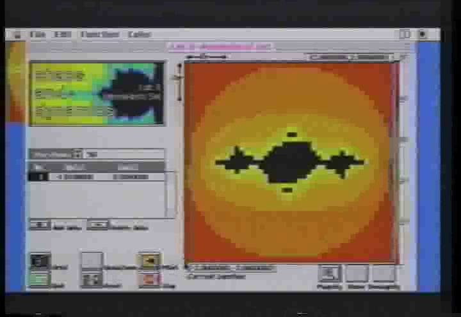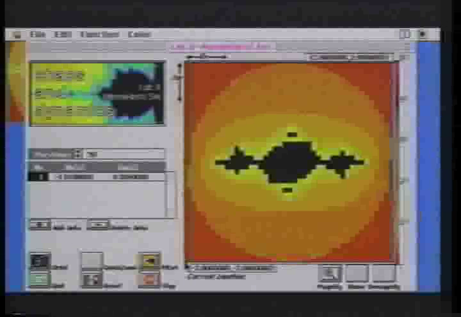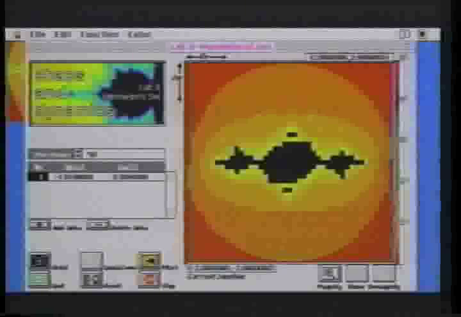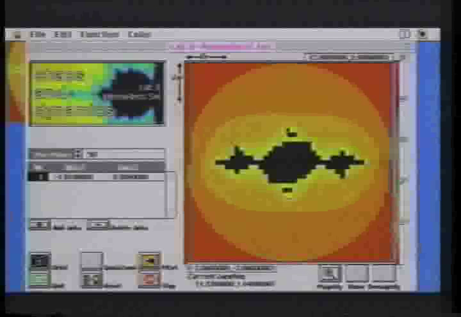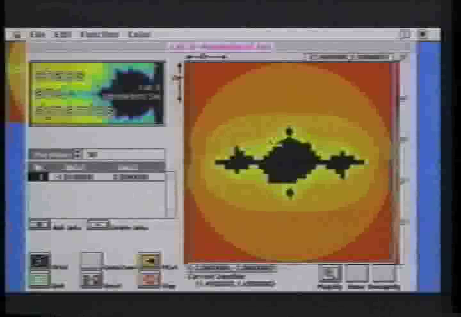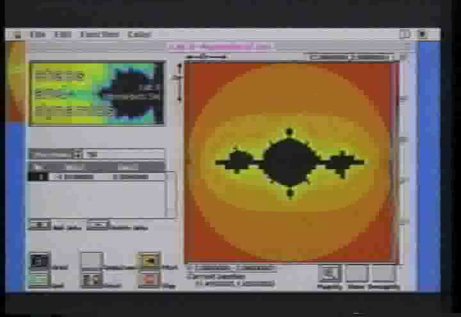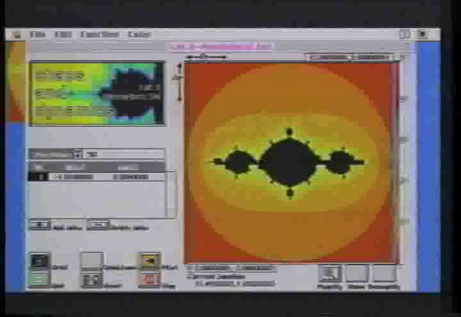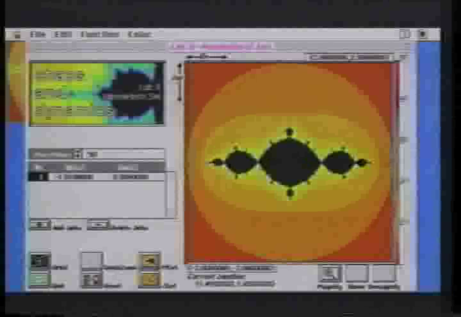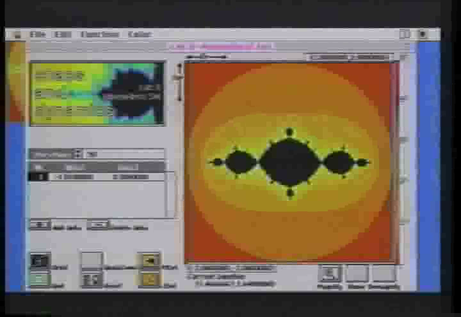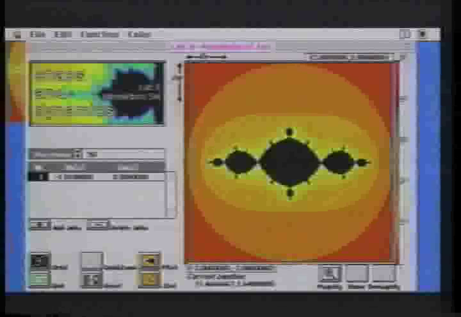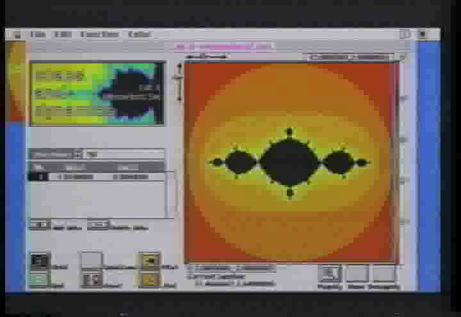What the computer is doing is actually computing the fate of 300 by 300 orbits in the complex plane, and displaying them either in color or in black, depending on whether the seed is not in the filled Julia set or is in the filled Julia set. And here you see that the filled Julia set for this particular c value is a fairly complicated shape.